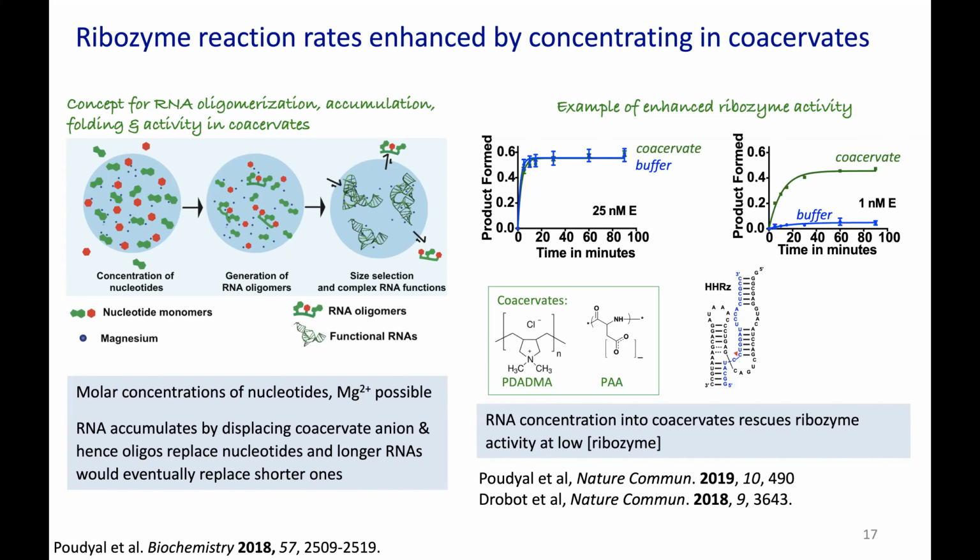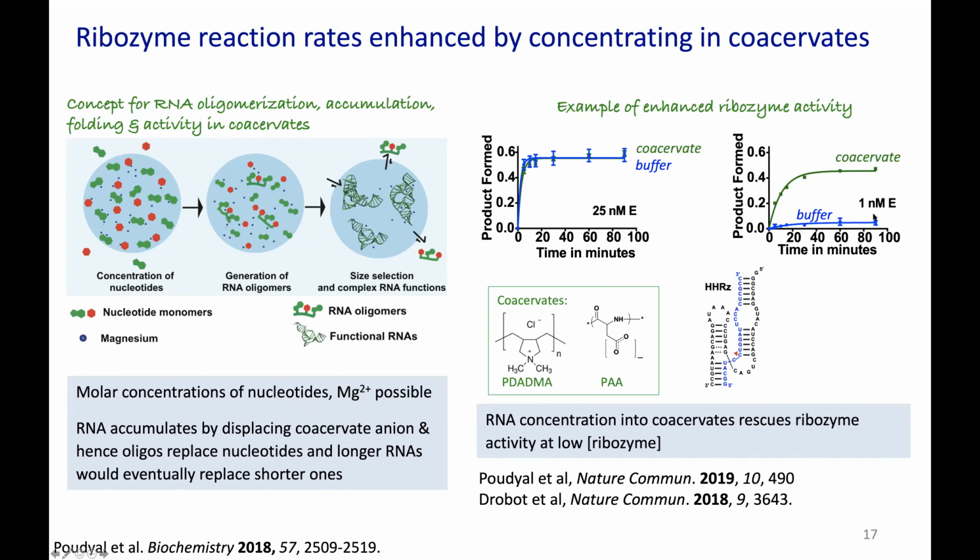One example that I'll show here is relatively simple, where we start out with this hammerhead ribozyme. It's in these coacervates formed of these molecules. At a relatively high concentration of the RNA, there's no difference between the coacervate and the buffer. So it's active in the coacervate, but it would be just as active if there were no coacervates. It's not really gaining you anything to have the coacervate there.